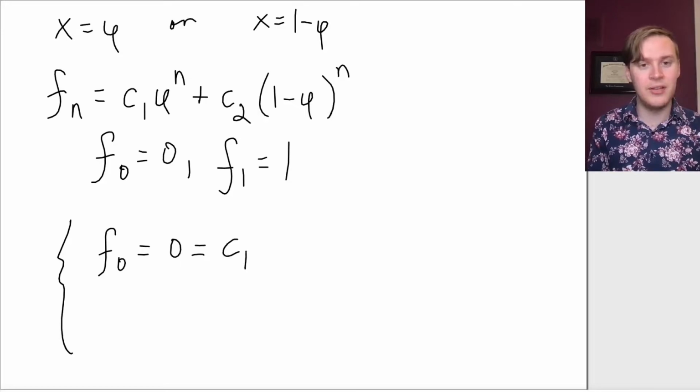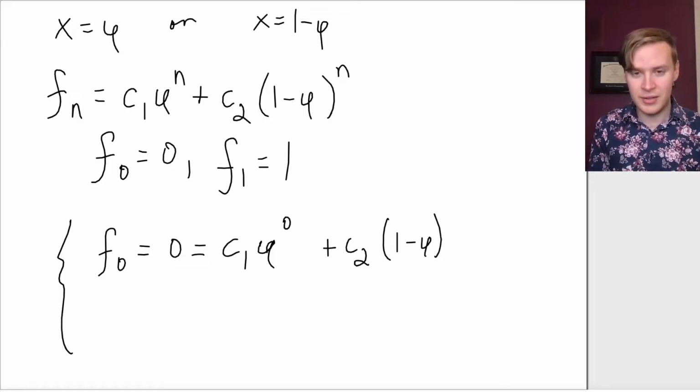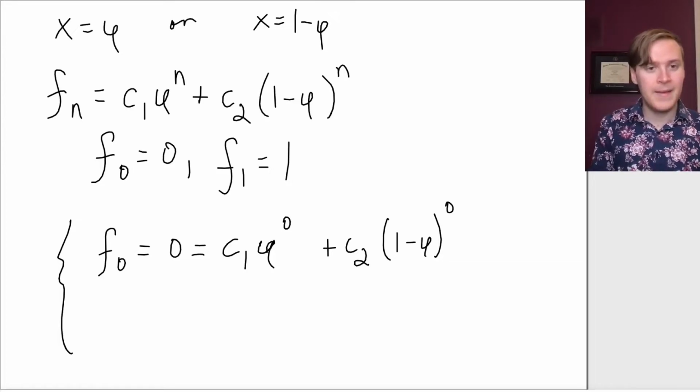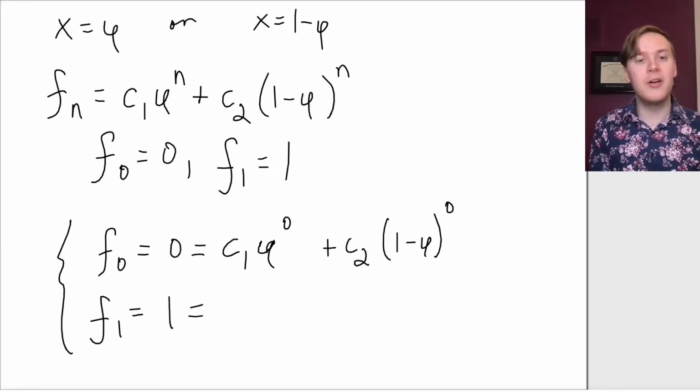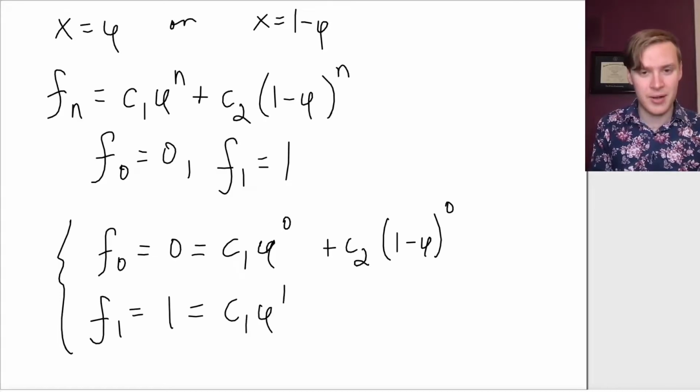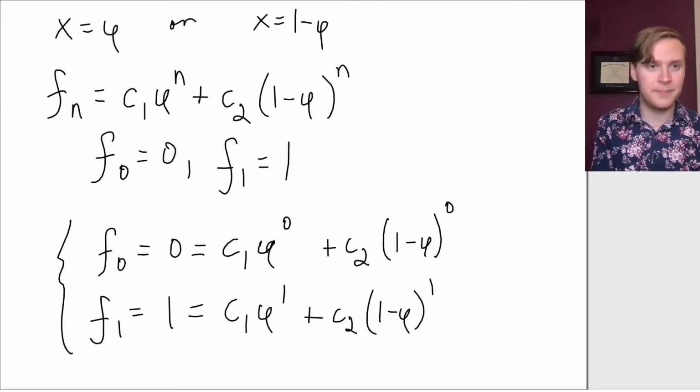So we get c1 times phi to the 0th power plus c2 times 1 minus phi to the 0th power. And then f sub 1, the first term in the sequence, is equal to 1, but it's also equal to c1 times phi to the first power plus c2 times 1 minus phi to the first power.